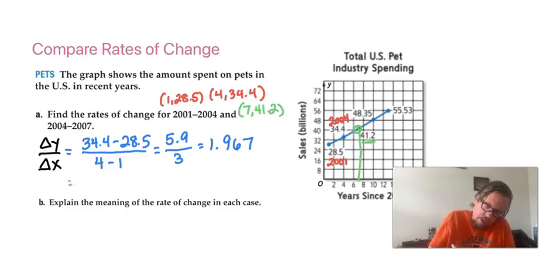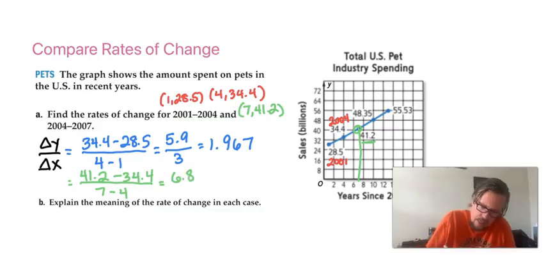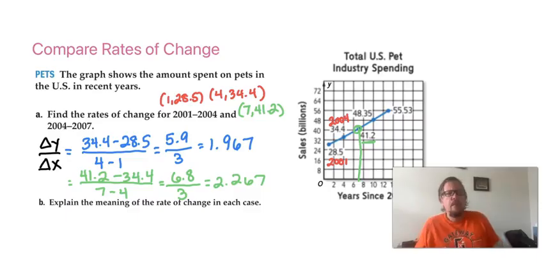So when we do our change in y over change in x here, it went to 41.2 from 34.4 in 2004, and the years went from 2004 to 2007. So we got 41.2 minus 34.4, that is 6.8, and 7 minus 4 is 3, and 6.8 divided by 3 is 2.267. So there are two rates of change, 1.967 and 2.267.